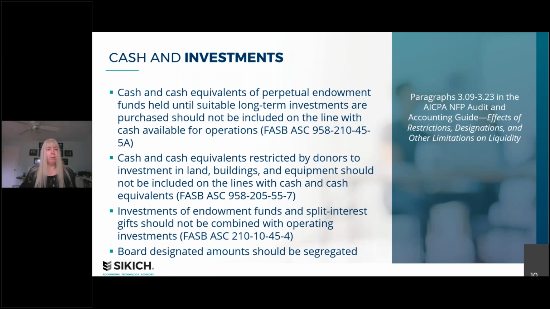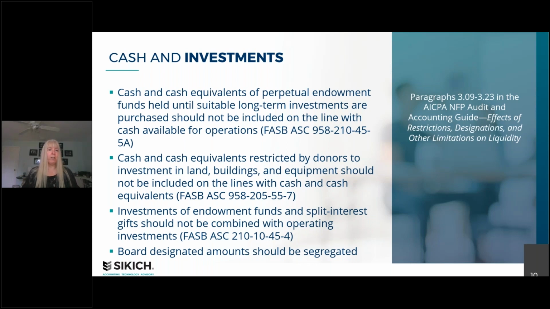And one of the main places this plays out is in the area of cash and investments. Oftentimes, if you're going to have restrictions on the use of particular assets that affect liquidity, it's going to be in this cash and investments area. So FASB has some specific examples of things that should be considered in the nature of whether those items are more liquid or not.